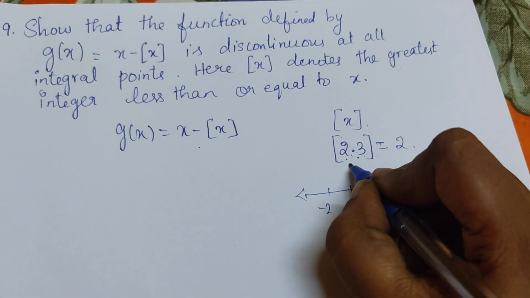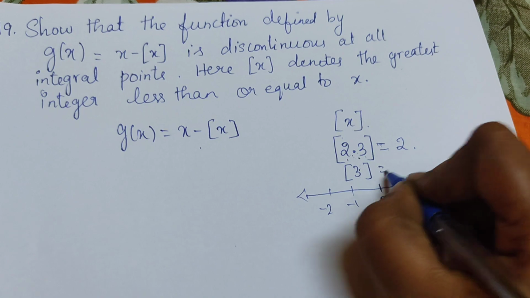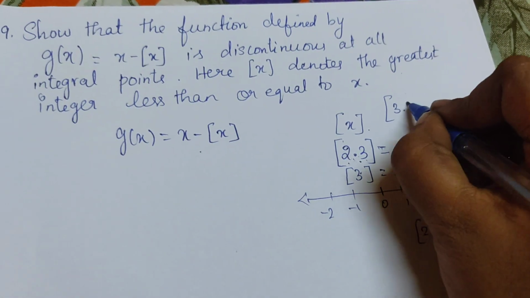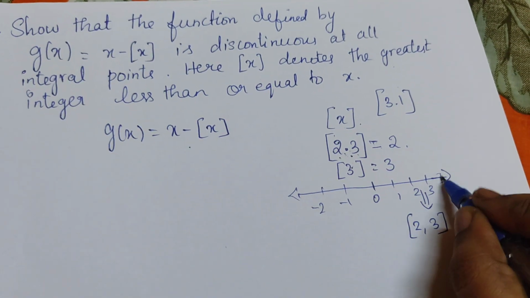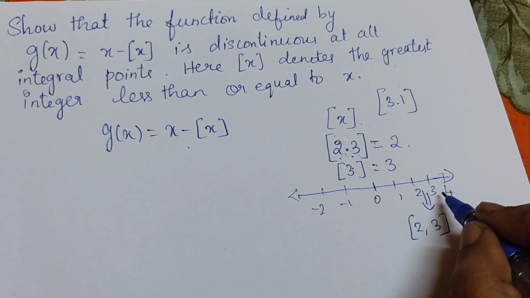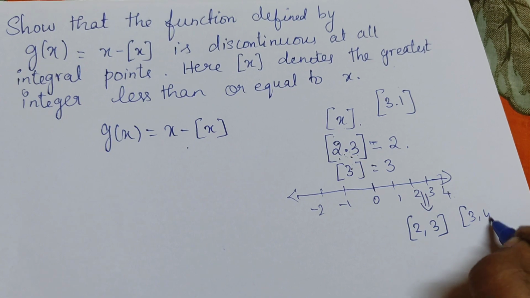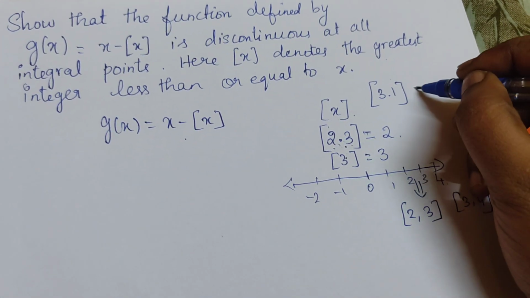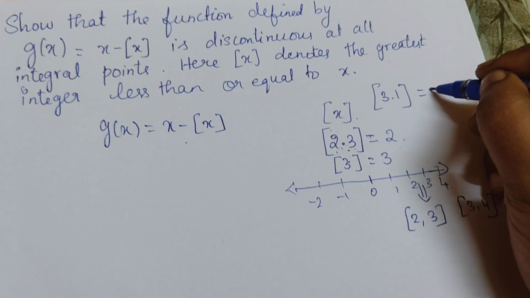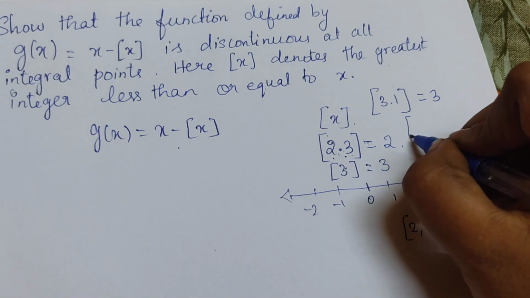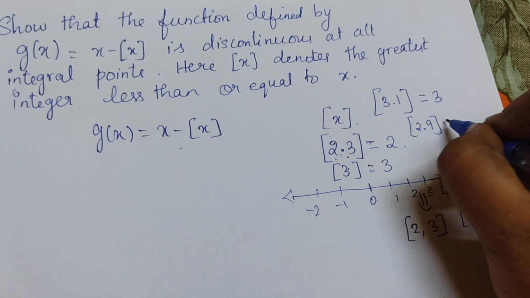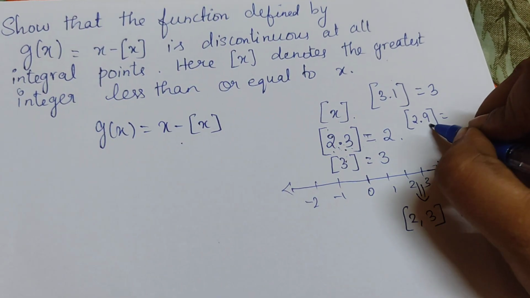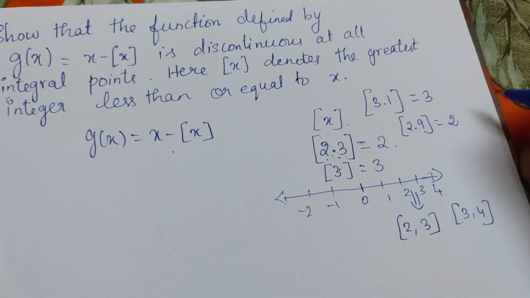And if we have an integer in the box, it will be that integer only, 3 for 3. Suppose 3.1. Then 3.1 is in the interval of 3 and 4, so according to the greatest integer function definition, its value will be 3. Suppose we have 2.9. The greatest integer lesser than 2.9 is 2.